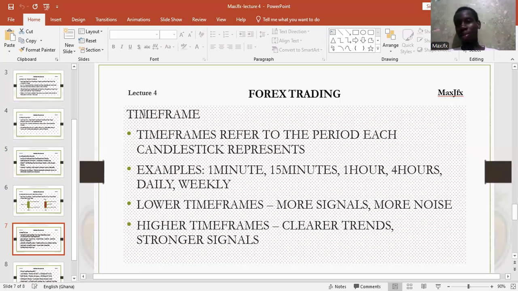And always what I tell my students is that if you want to find a place to buy and a place to sell, that's identifying a clear area of interest, finding lower prices and higher prices. You have to do it on the higher time frame, the daily, weekly, monthly.